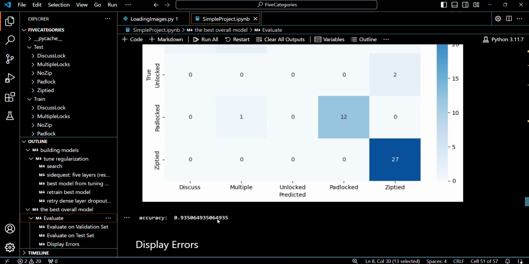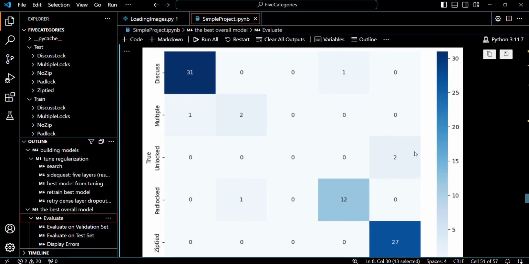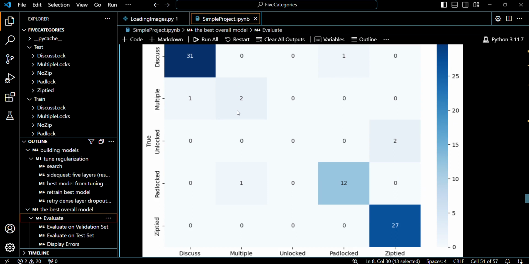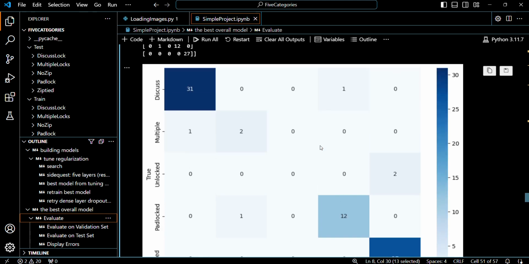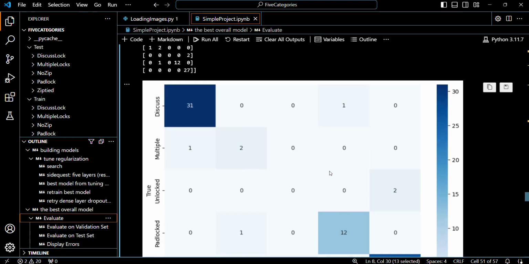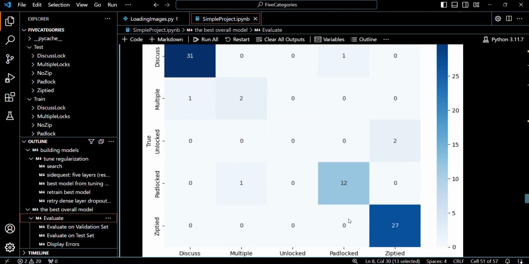Whether it's 93.5% and 96%, whatever you want to say for accuracy, it was good across the board. It wasn't as good at recognizing multiple lock situations. Honestly, though, that too is not our biggest concern.